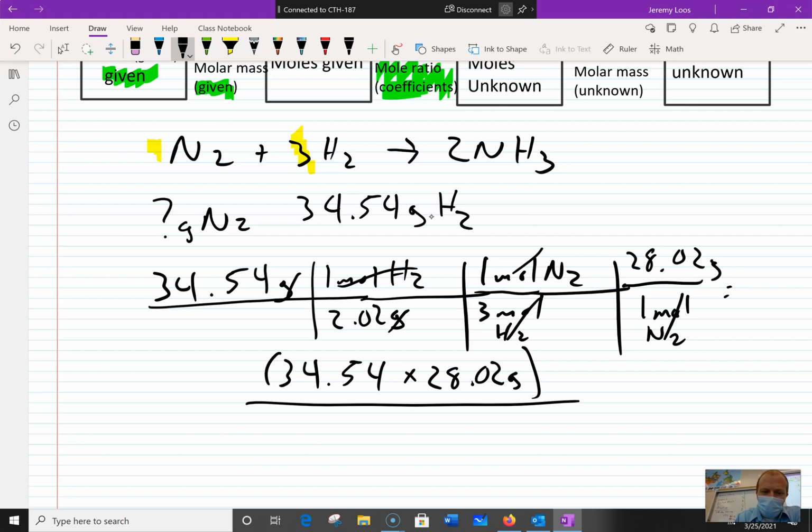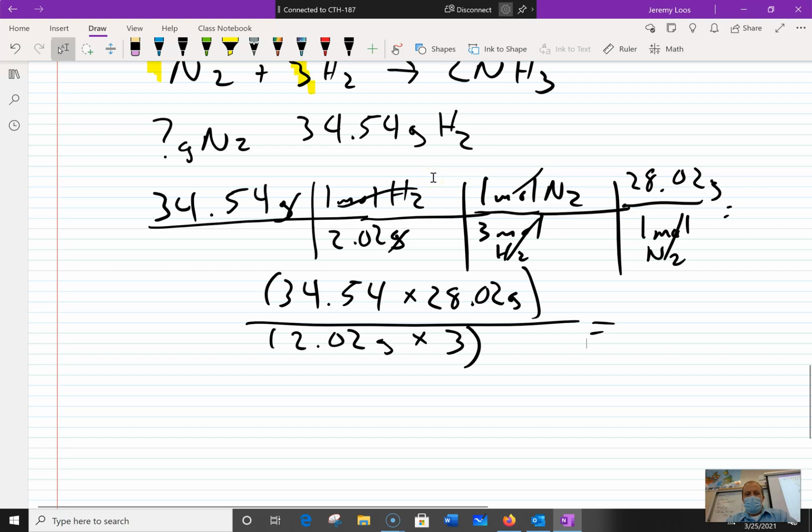You don't need to put the ones, of course, because that mathematically doesn't change anything. And make sure, the parentheses actually don't matter on the top, but if you're punching it into your calculator, make sure you put those parentheses on the bottom or it will give you the wrong answer. It'll multiply these two together, divided by 2.02, and then it'll take that answer times 3, which is not what you want to have happen.